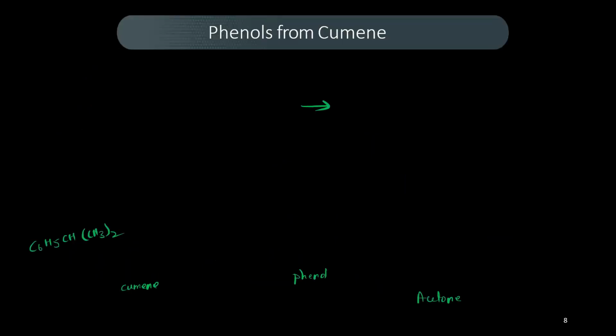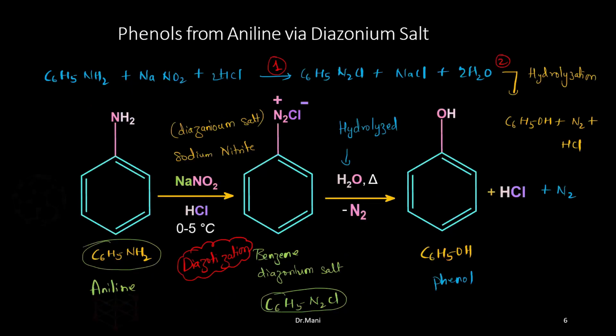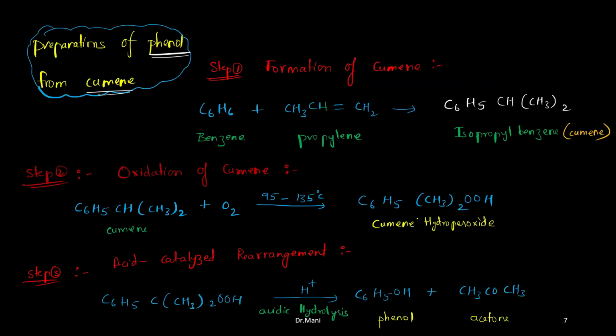See, in this step, this is CH3CH=CH2. What has been given here is CH3CH2CH2Cl. They gave this.